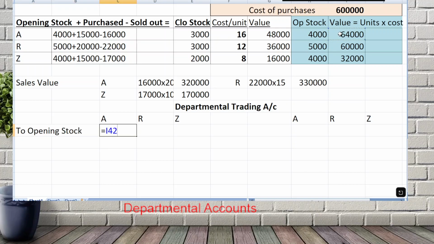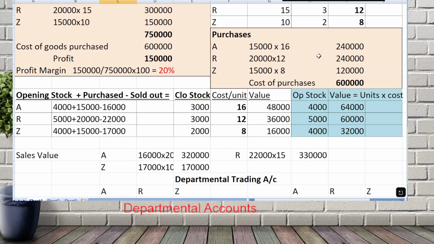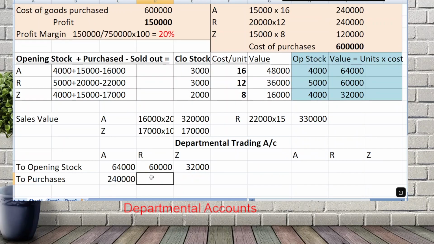Opening stock value how much? 64,000, 60,000 and what? 32,000. To purchases, we verified. For verification purpose also we worked out the value. What is purchases value? 2,40,000, 2,40,000 and 1,20,000.